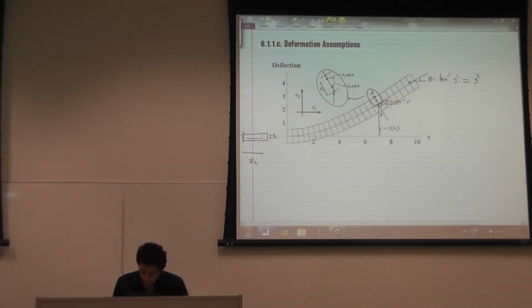And so the new location of the point is equal to the old. This is X1, this is x1.